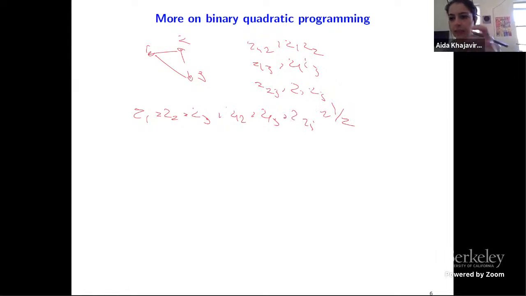You can easily check that this half integral point satisfies all the inequalities that are in the standard linearization. Now, let's see. So is this the right point? This may not be the right point, but okay.